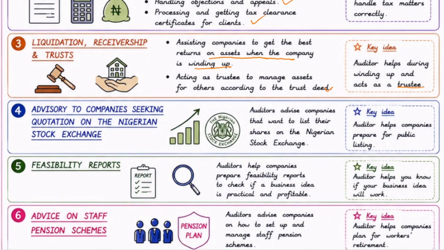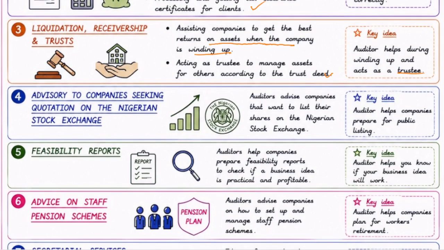Number 5 is feasibility report, and that means to check if a business idea is practical and profitable. All of this is possible because auditors audit so many businesses, so they have ideas of how many industries work.